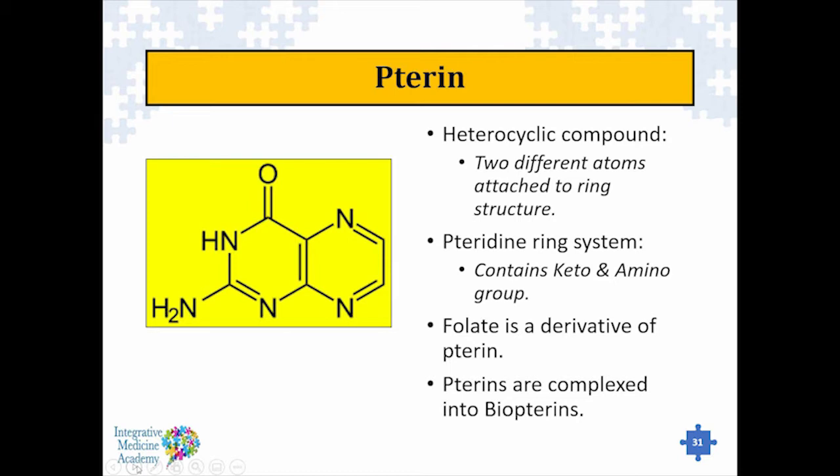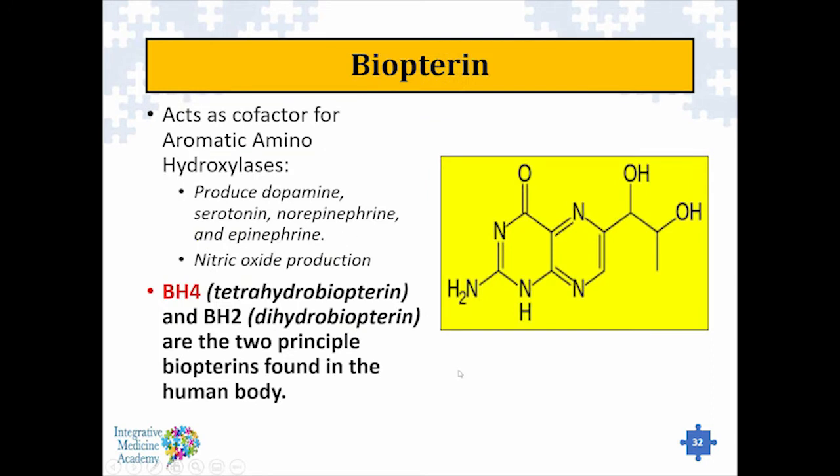Folate is actually a derivative of a pterin chemical structure. And these pterins basically complex together to form what are called biopterins. And biopterins are linked to tetrahydrobiopterins as these particular chemicals start to accumulate together to form these very complex structures. The bottom line is these biopterin type chemicals act as cofactors in the production of dopamine, serotonin, norepinephrine, epinephrine, and even nitric oxide production.